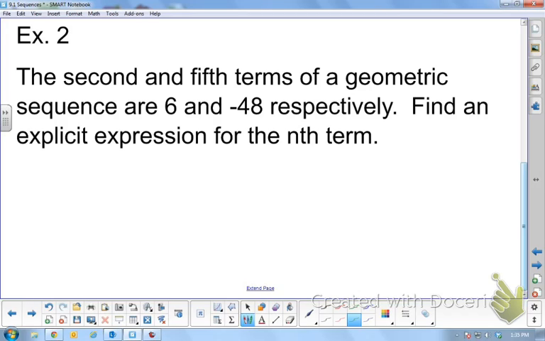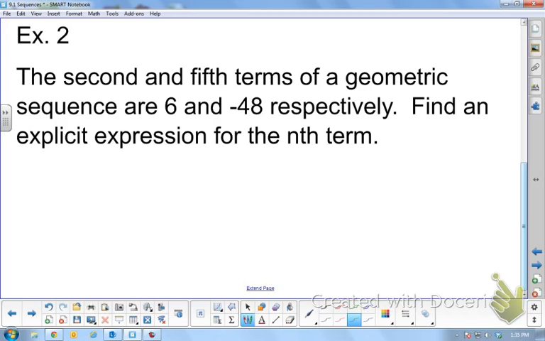We just learned some formulas for geometric sequences. We learned what a geometric sequence was. What did we learn about geometric sequences? They have a common ratio.